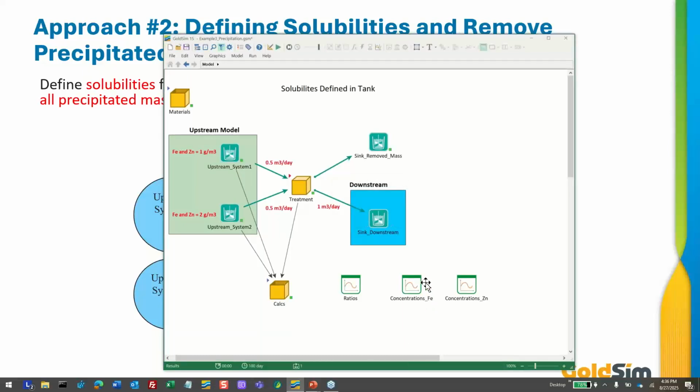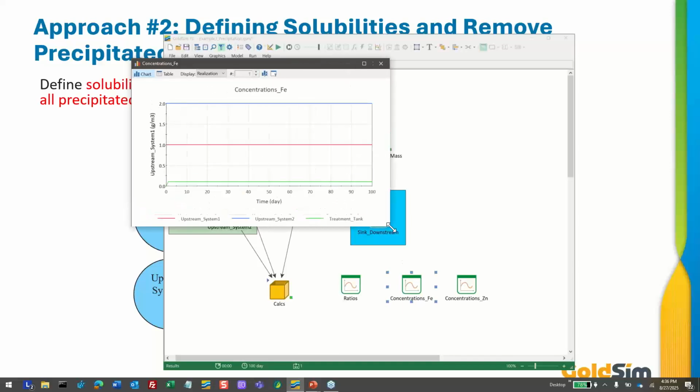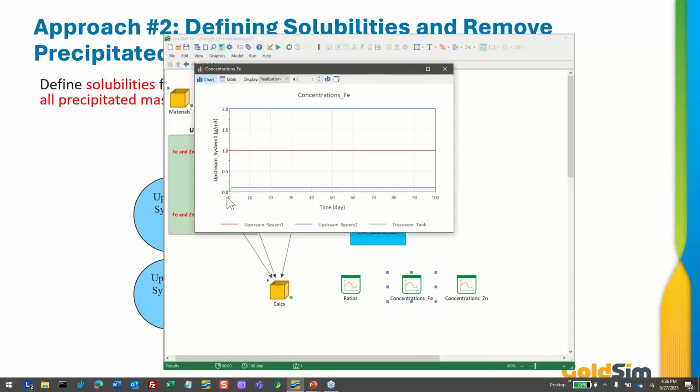Now let's look at the iron concentrations. You'll see that the iron concentrations are constant. What happened is we immediately hit the solubility limit of 0.1. And that's the concentration of iron in the tank. It's also the concentration of iron leaving the tank, right?